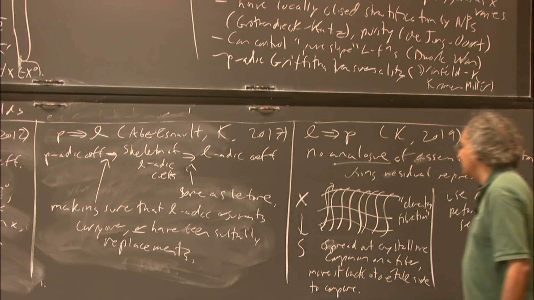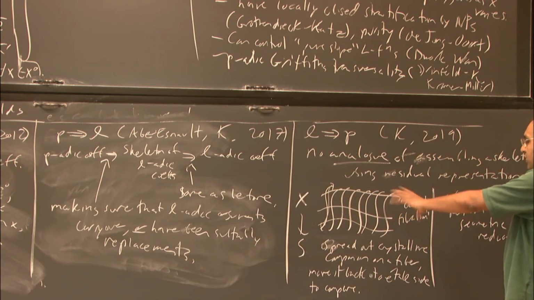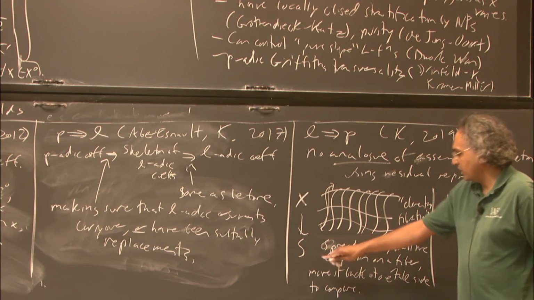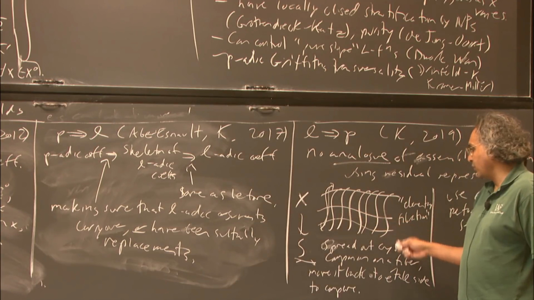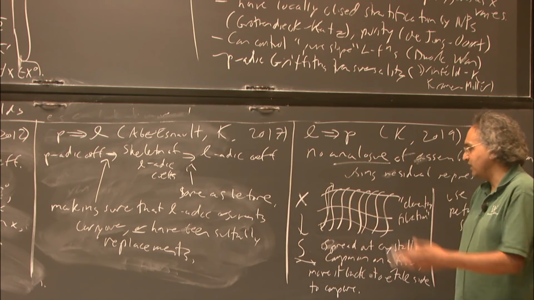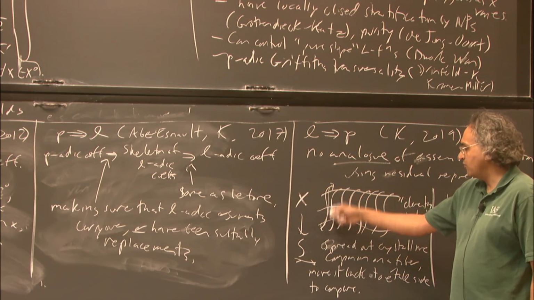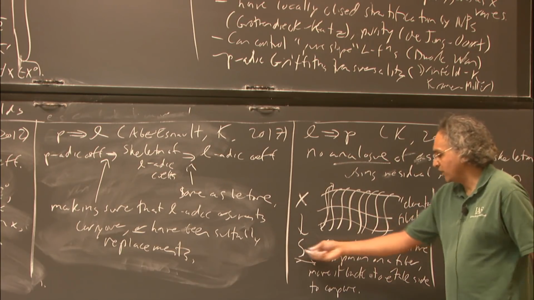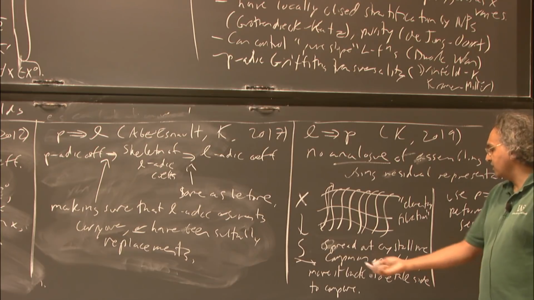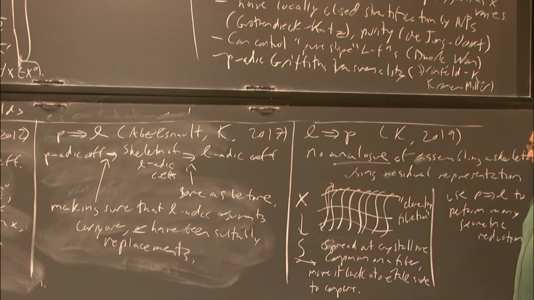And what you end up showing is that the only way you end up getting off is by some kind of twist on the base. The spreading out process cannot distinguish it, because you're looking at one fiber, so you can't control for twists on the base. But you show that that's the only bad thing that can happen.